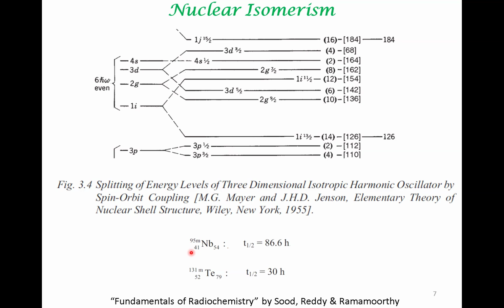Typically these metastable states are arrived at via some decay process. The m indicates the metastable state. Why do we call it metastable and not unstable? Because these metastable states can be isolated.